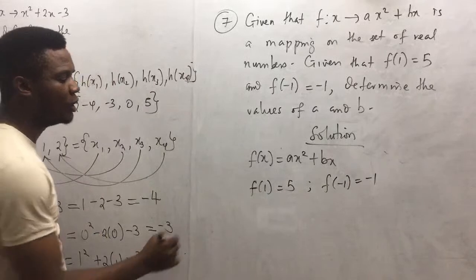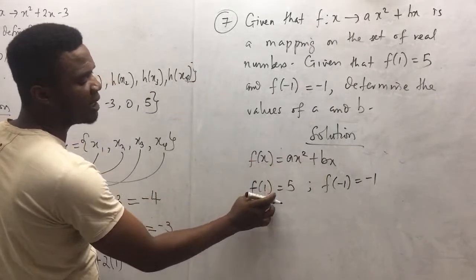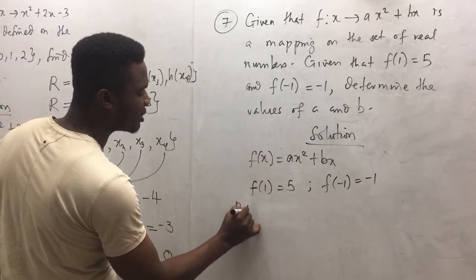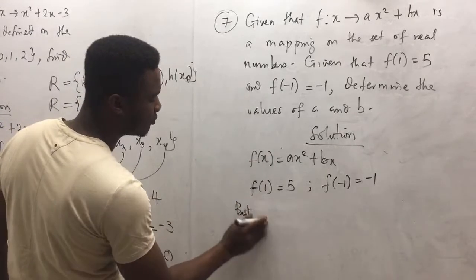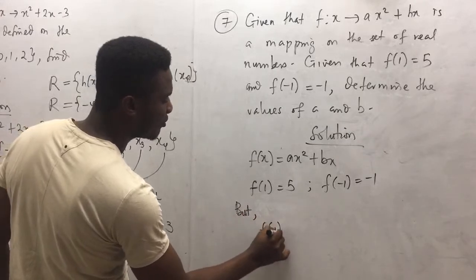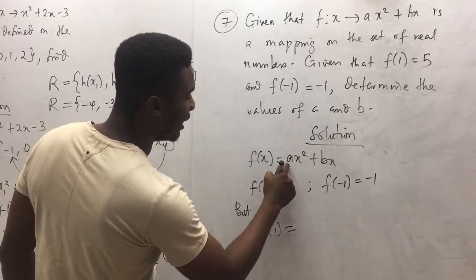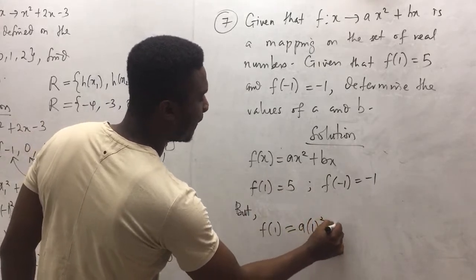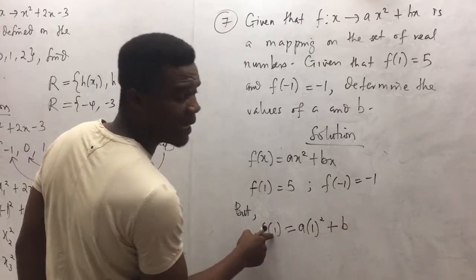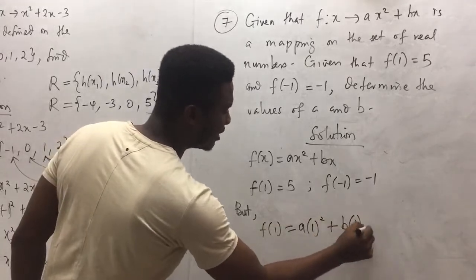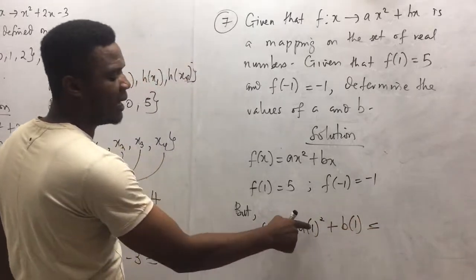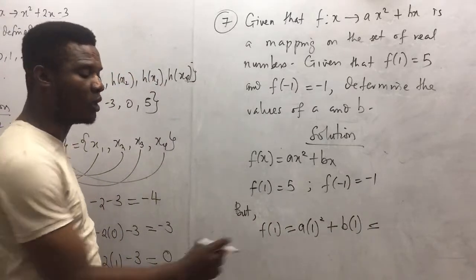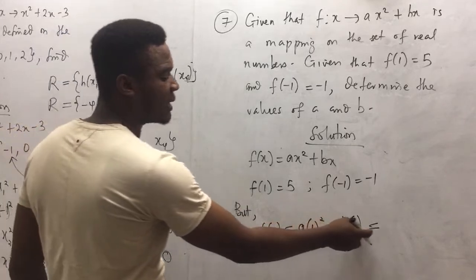So what are you going to do? You are going to use this relationship to obtain an expression for f of 1. f of 1 is equal to a times 1 squared plus b times 1. 1 squared is 1, so 1 times a gives a, and b times 1 gives b.